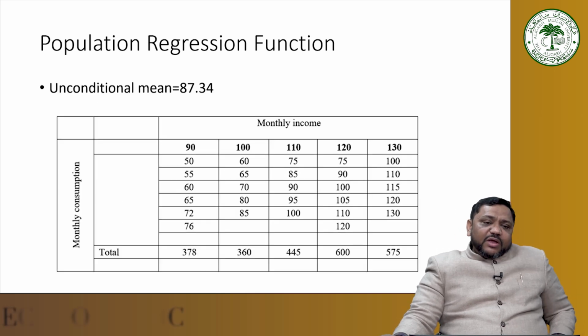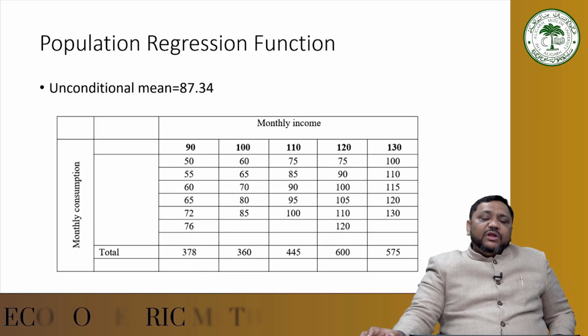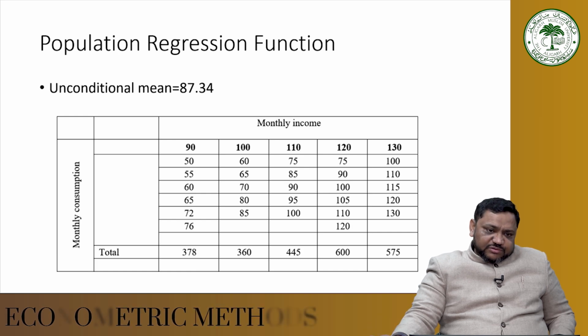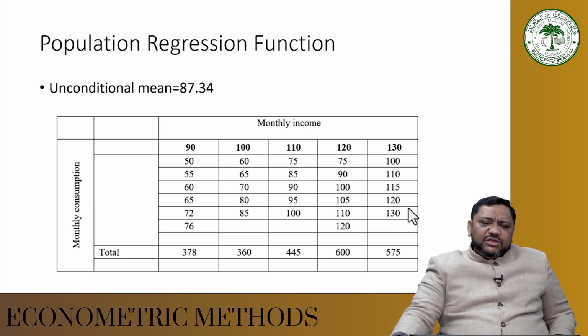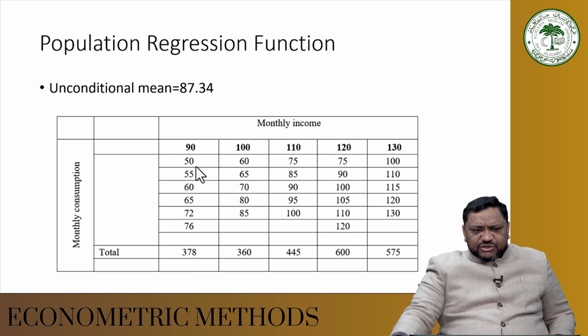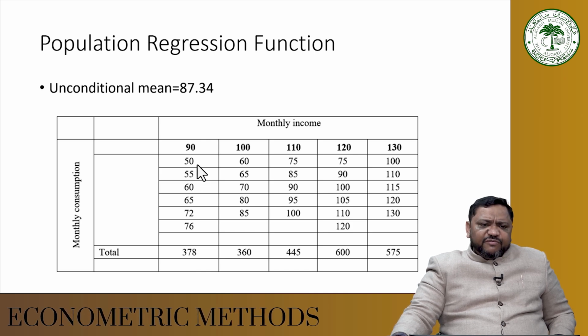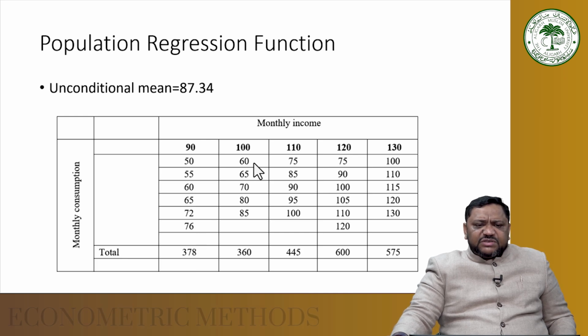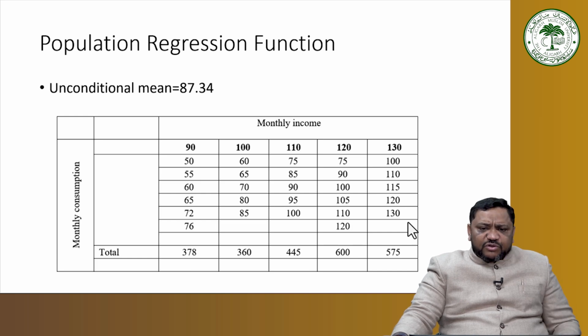Now, if we simply calculate the mean, we add all these monthly consumption expenditures: 50 plus 55 plus 60 plus 65 plus 72 plus 76 plus 60, 65, 70, 80, 85 plus 75, 85, 90, 95, 100 plus 75, 90, 100 plus 105, 110, 120, then again 100 plus 110 plus 115 plus 120 plus 120.